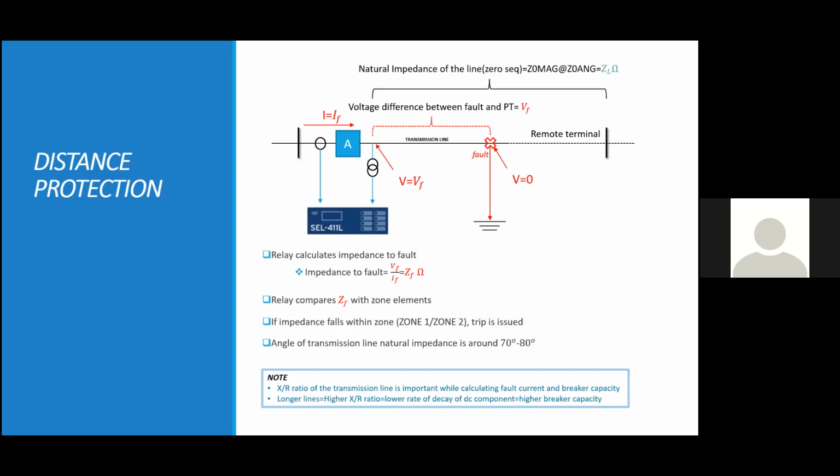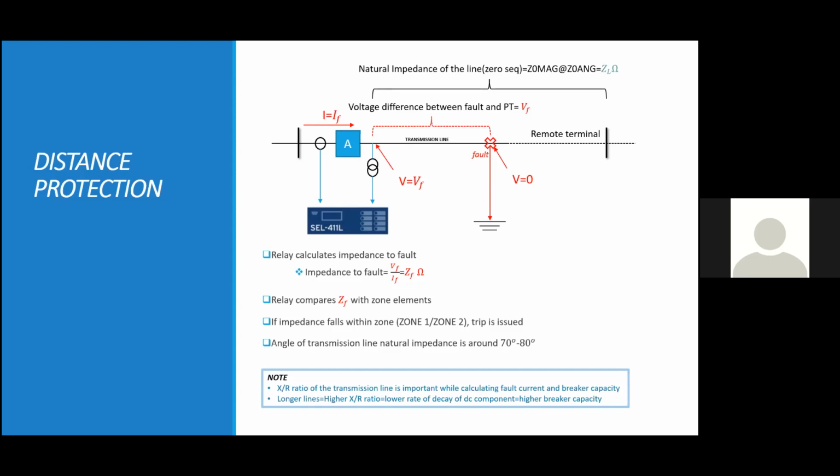So this gives us the maximum available fault current at that local breaker. In this case, it is breaker A. So the X/R ratio of the transmission line and the source impedance will give you the maximum available fault current, and the breaker capacity should always be greater than the available fault current.